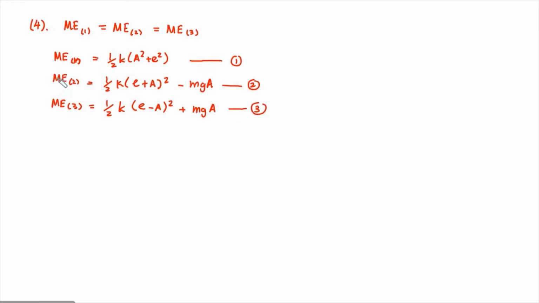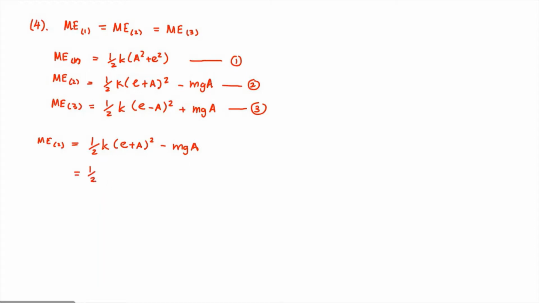Now I'm going to show that 2 is equal to 1. So I'm going to start with mechanical energy at level 2, which is equal to 1/2 K (E plus A) squared, of the entire thing, minus mgA. Now let me expand the parentheses.